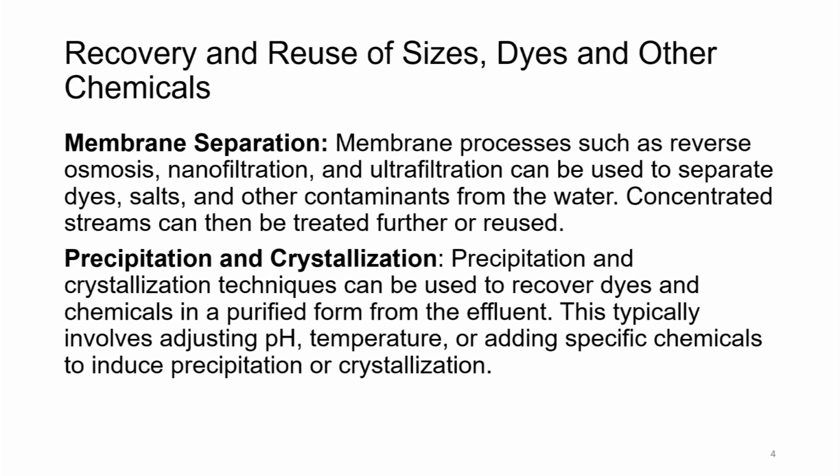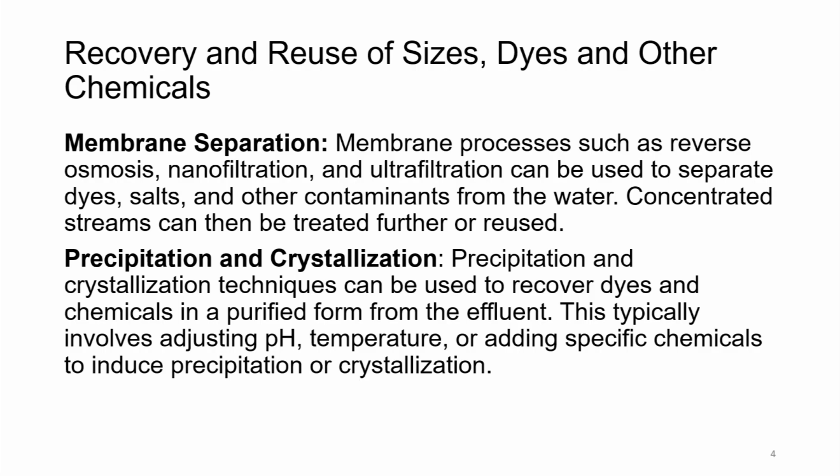Membrane separation. Membrane processes such as reverse osmosis, nanofiltration and ultrafiltration can be used to separate dyes, salts and other contaminants from the water. Concentrated streams can then be treated further for reuse.